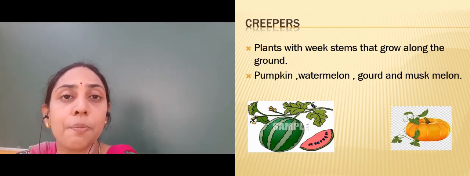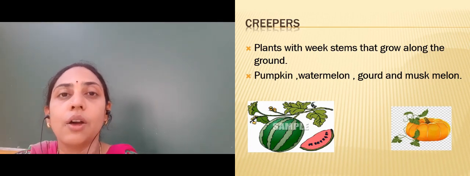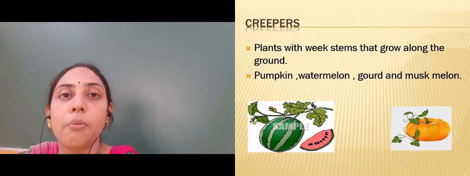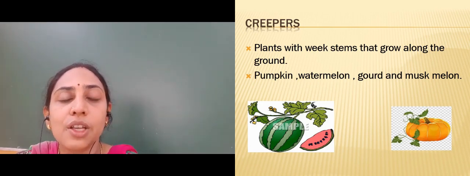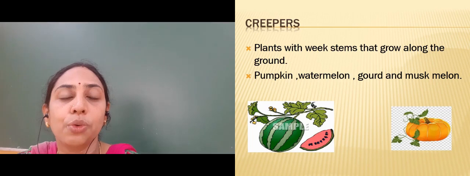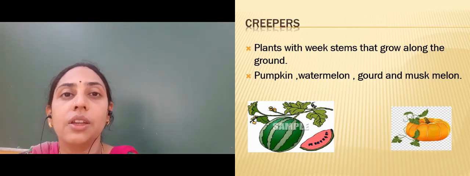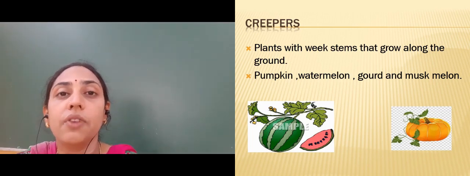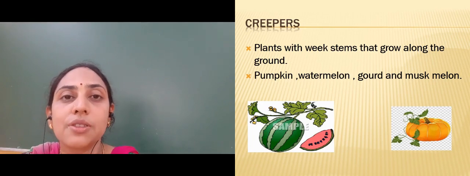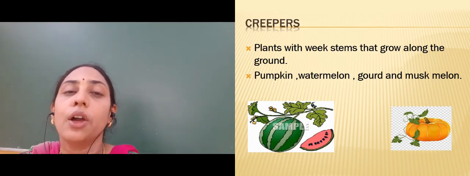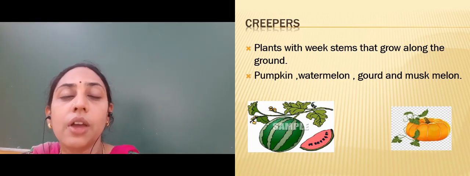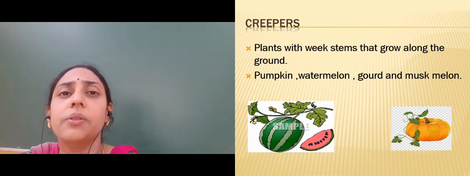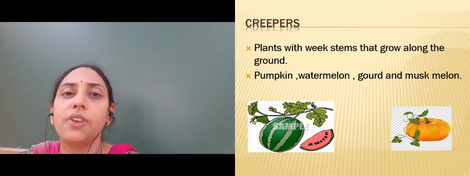The examples of creepers are watermelon, pumpkin, muskmelon, right? All these fruits are very heavy compared to other fruits. So these plants grow along the ground and they bear very heavy fruits.